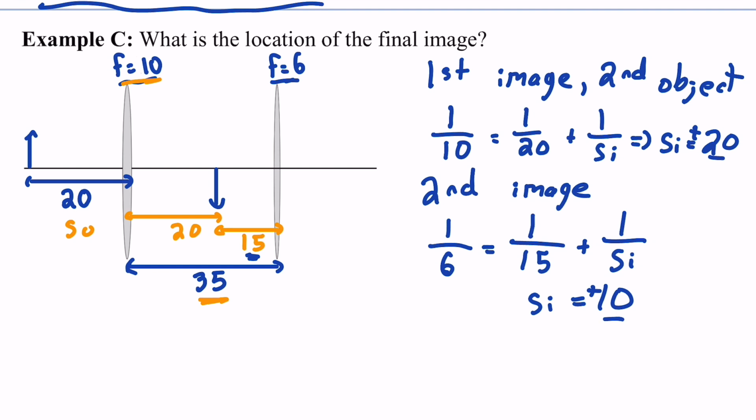And this is positive 10. Since the answer is positive again, it means the image is going to invert one more time. And it's also going to be a real image on the opposite side of the second lens as the object was, which in this case, of course, the object was the image from the first lens. So it's going to be 10 centimeters to the right of the lens and inverted again.